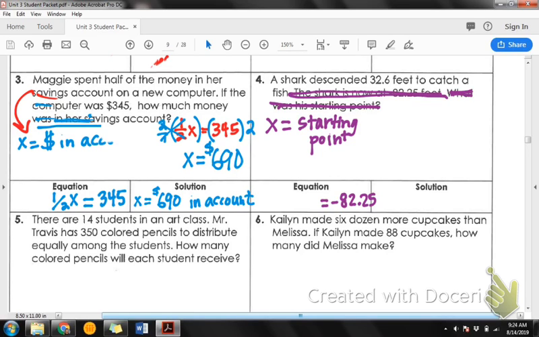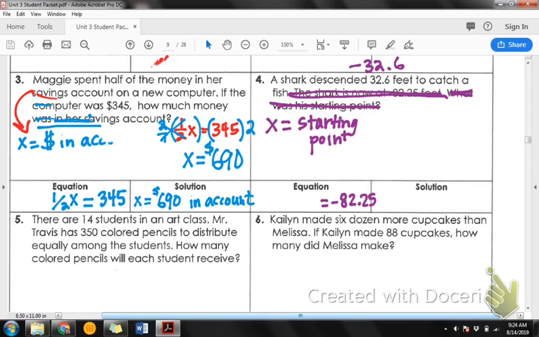All right, so we have taken care of that. So we're going to cross that out. If the shark descended, what does that mean we're doing? We're going down, right? If you descend, that means you're going down. So we know that we have to subtract 32.6 from something. That's what descended 32.6.